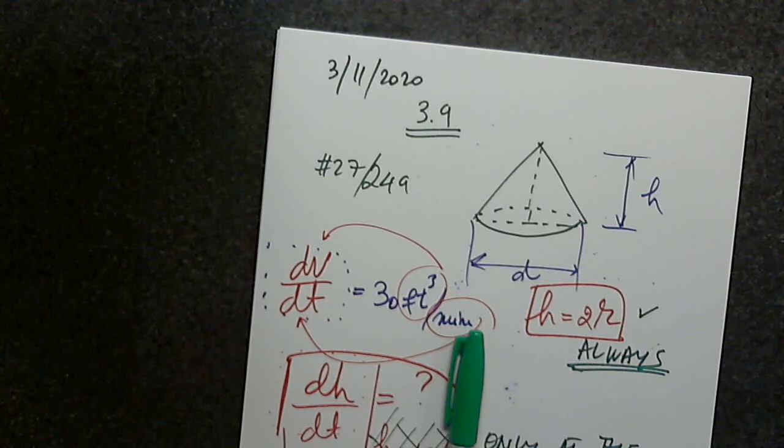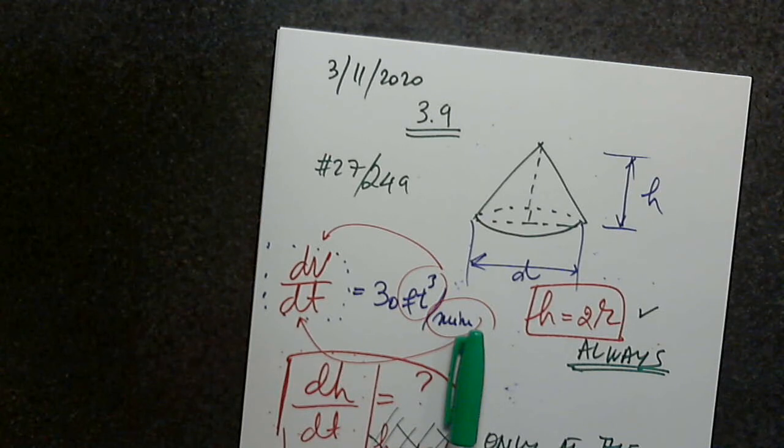Then I will differentiate both sides of that equation to get an equation that relates their rates. So initially I have an equation that relates the functions, no derivatives. But then when I differentiate both sides, I create an equation that connects not the functions, but their rates of change. When I'm done with that, I will solve for what I'm interested in and then plug in the numbers.